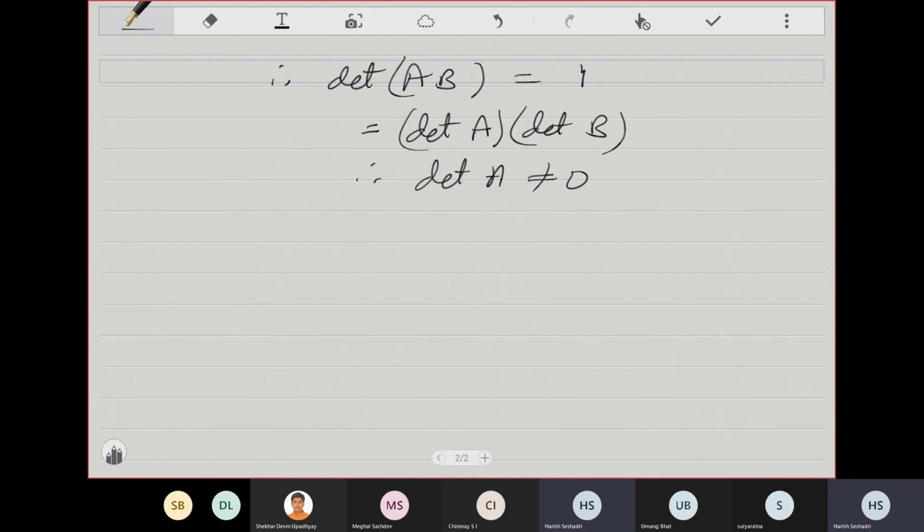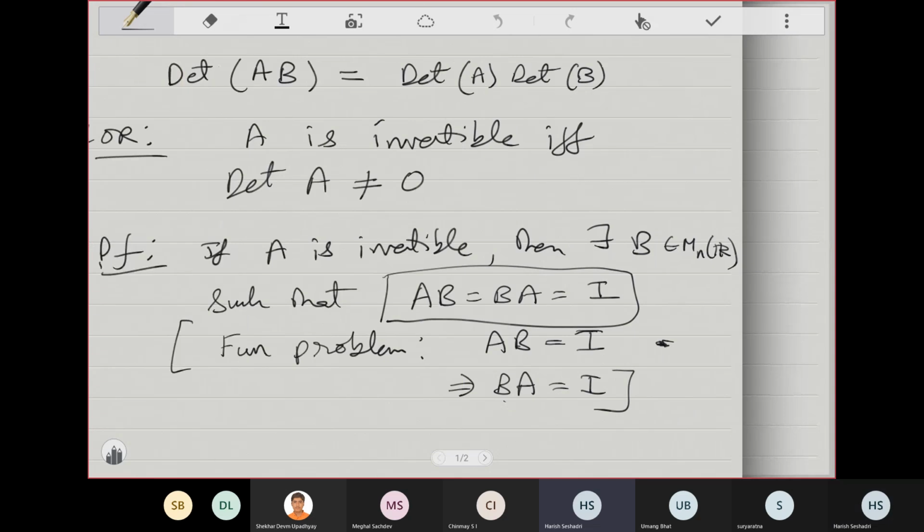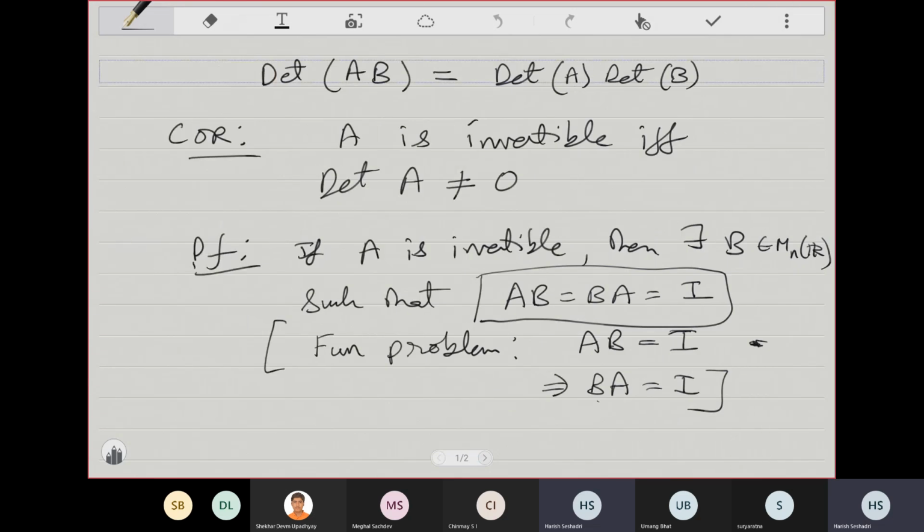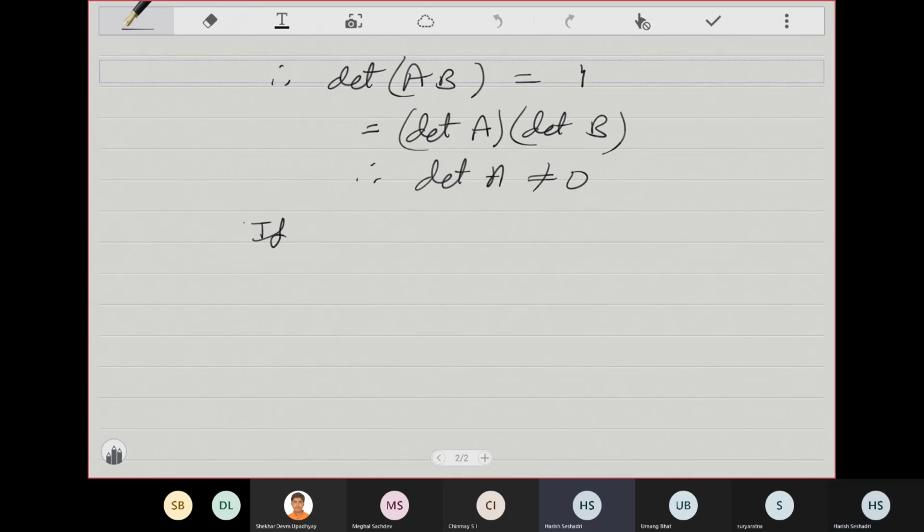Now, what about the converse? For the converse, what one can try to prove is the statement that if det A is not equal to 0, then A is invertible.